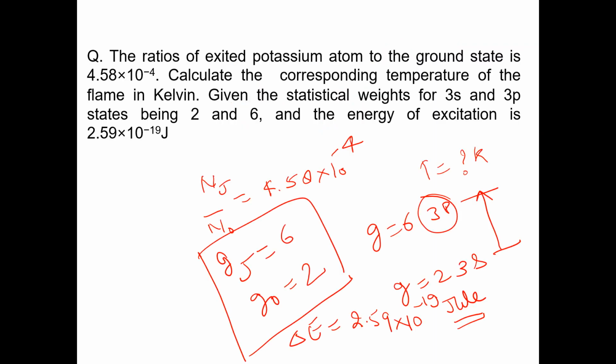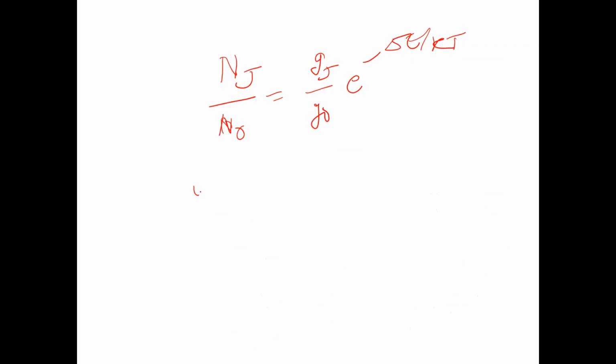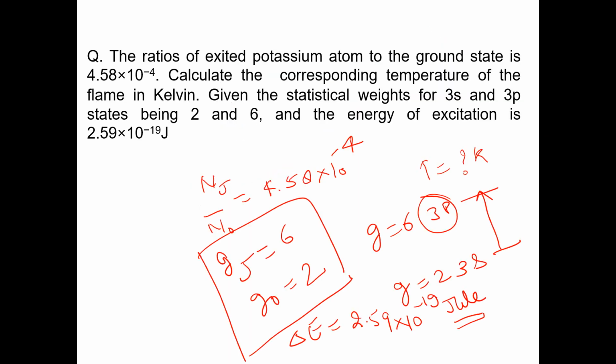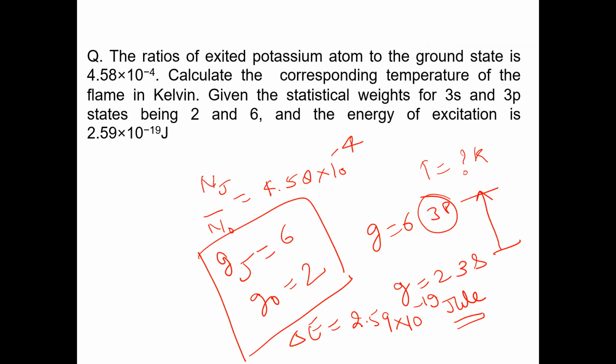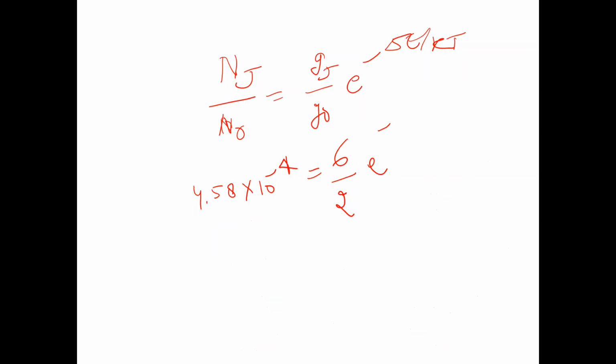So Nj by N naught is 4.58 into 10 raised to minus 4, and if I put the value 6 by 2, e to the power minus the energy value given here, 2.59 into 10 raised to power minus 19, divided by k, which is 1.38 into 10 raised to minus 23, and temperature is T.